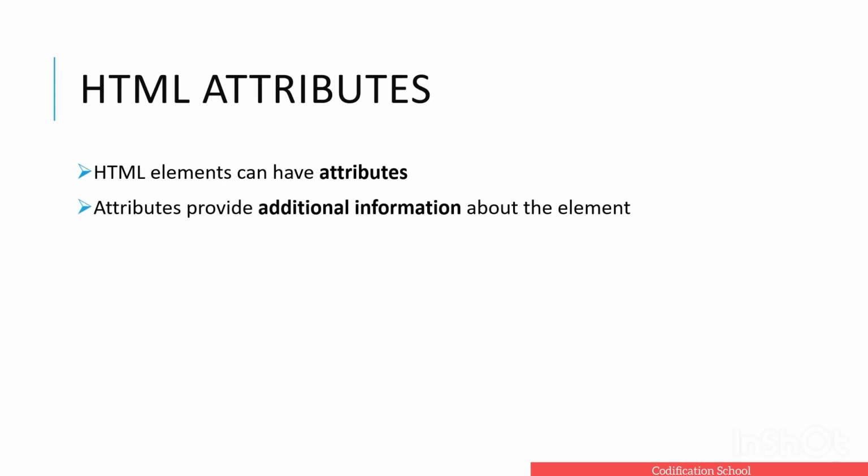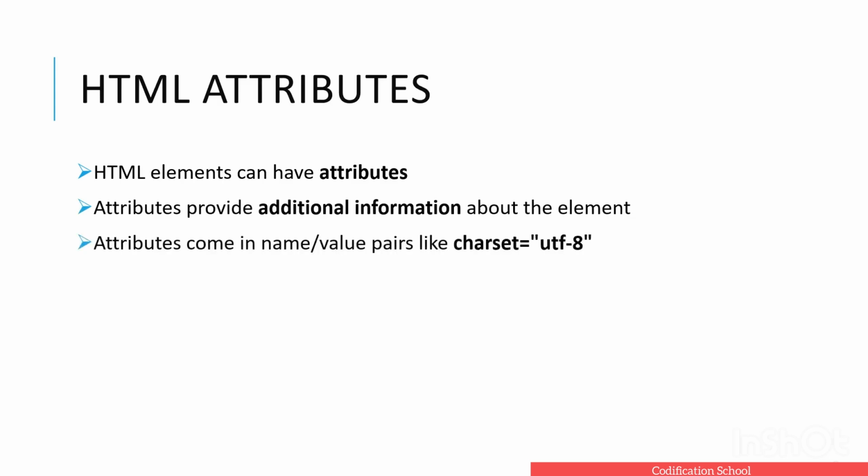For example, it can be a name and value pair, like charset equals UTF-8 or width equals 8 pixels, a combination of name and value pairs, which gives the user additional information about what it is and what it holds. So these are HTML attributes for the elements that we provide between the start tag and the end tag.